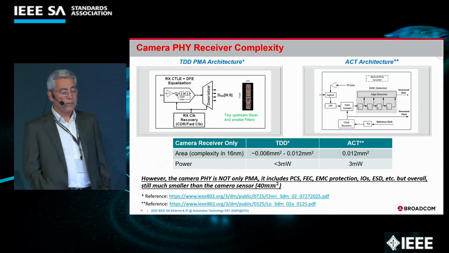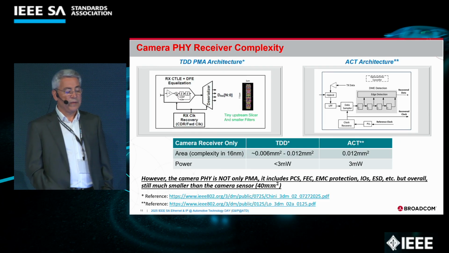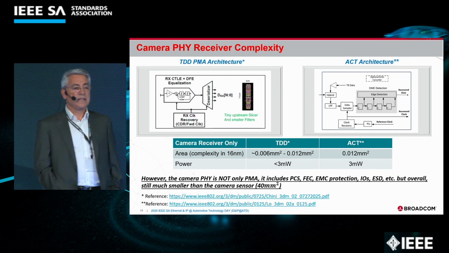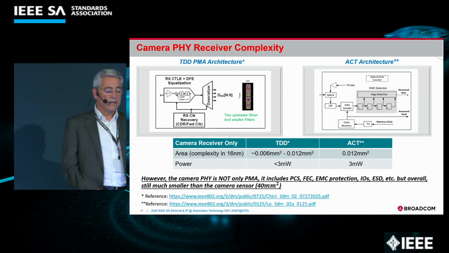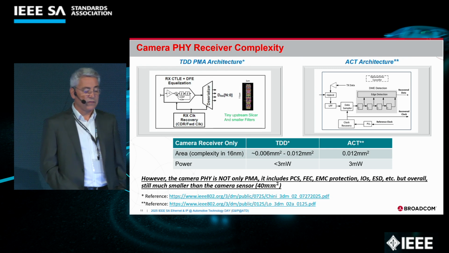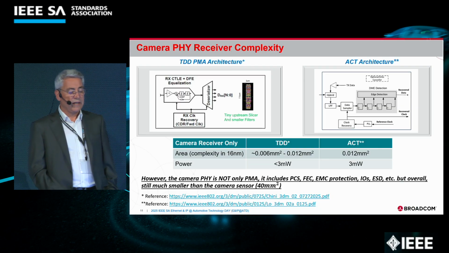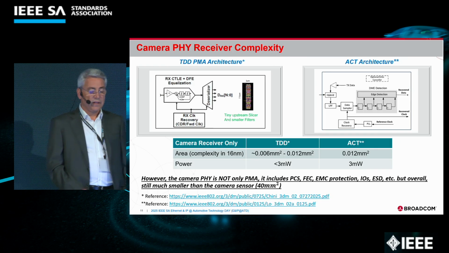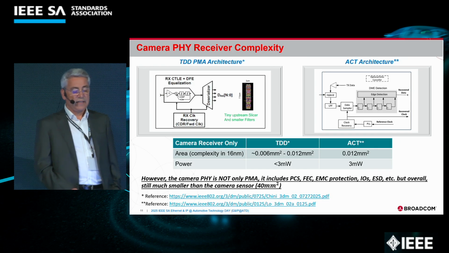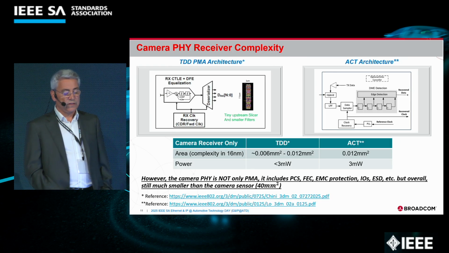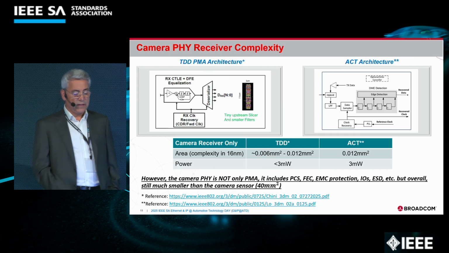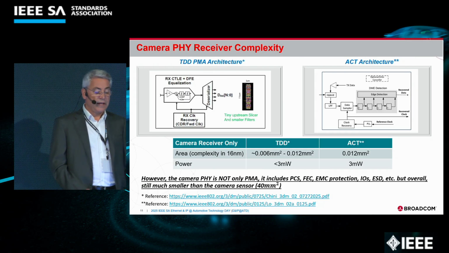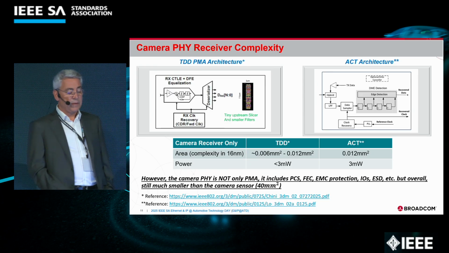On the left top, we are talking about the TDD PMA architecture, which is using an equalization scheme and a timing recovery, which handles the sampling point of the ideal signal. And also, a sample layout is shown, which is tiny compared to other blocks in the receiver. For the ACT side, a simple DME detection circuit is used, again, without the echo cancellation being shown.